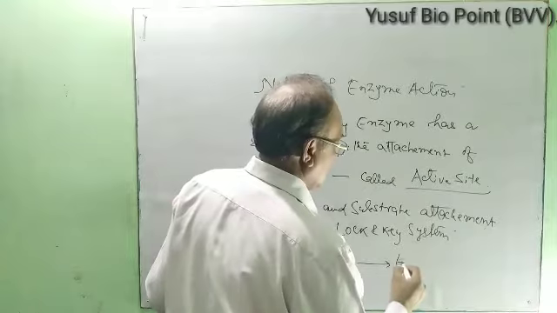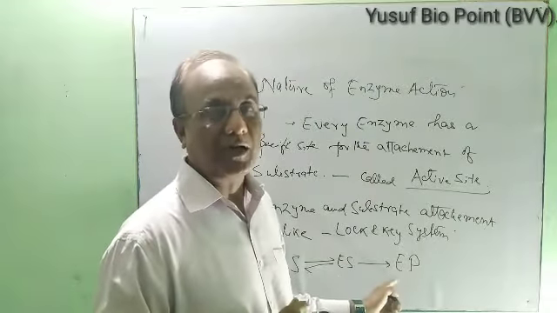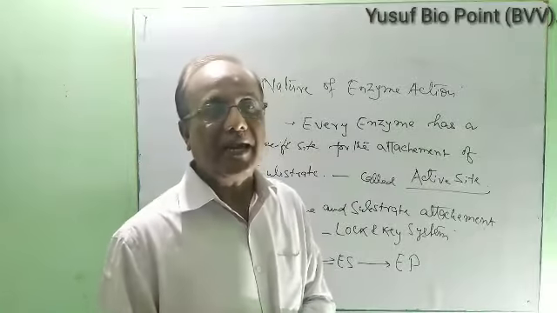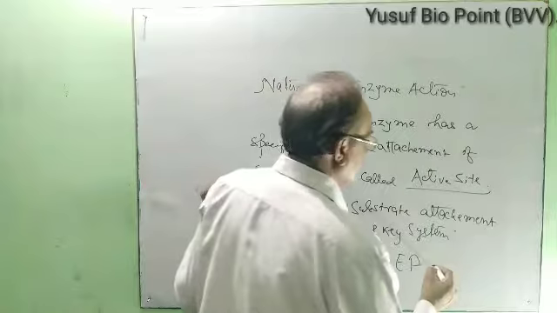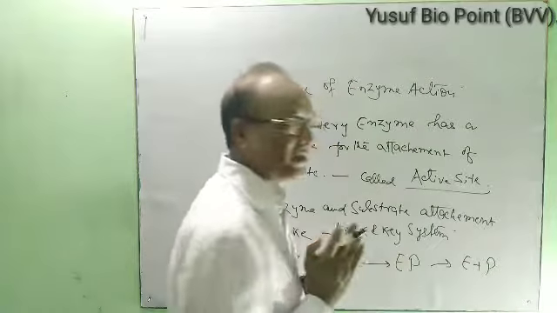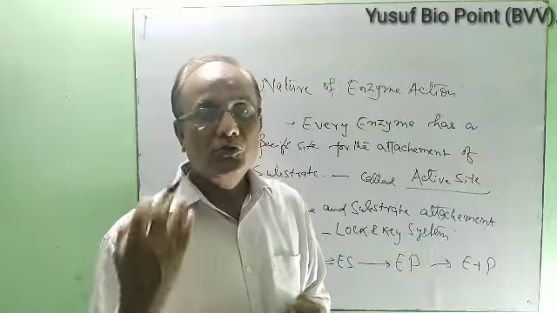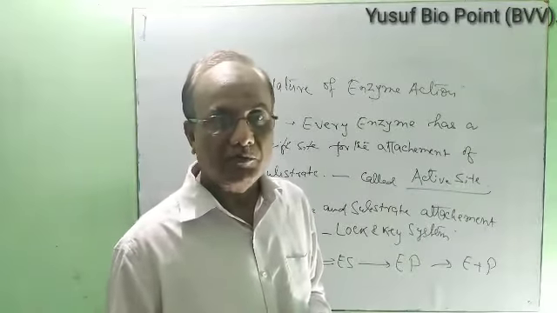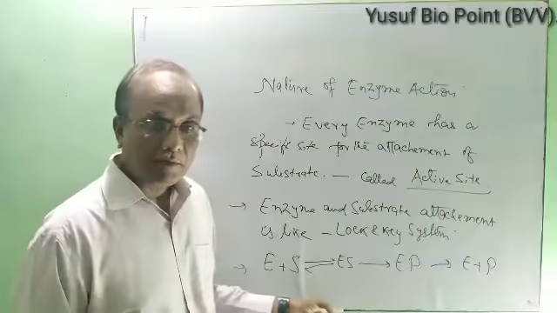That new bond of the product is still attached with the enzyme. And finally the product plus enzyme are both liberated, and that enzyme will go to combine with another molecule of the substrate. Understand? So this is the process.